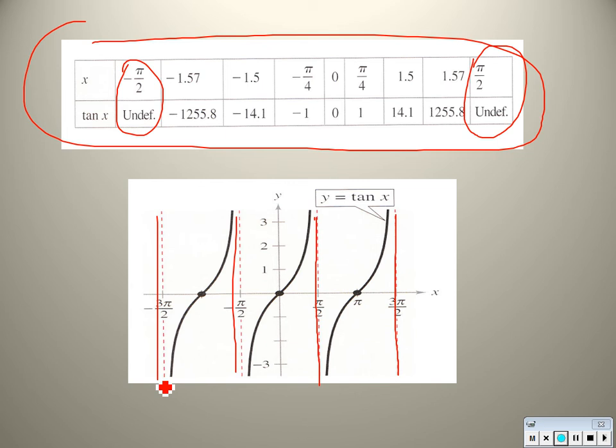When we're talking about the graph of the tangent function, one of the things we're going to look at first is where the vertical asymptotes go on the graph. The other thing to notice about the tangent graph is that it has x-intercepts at the midpoint between two consecutive asymptotes. We'll talk a little bit about mathematically where those values come from.